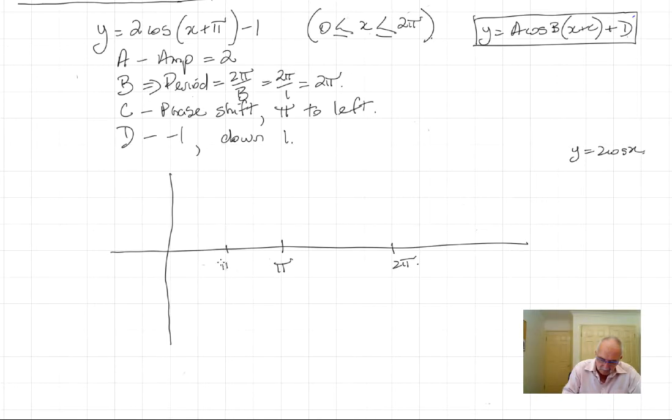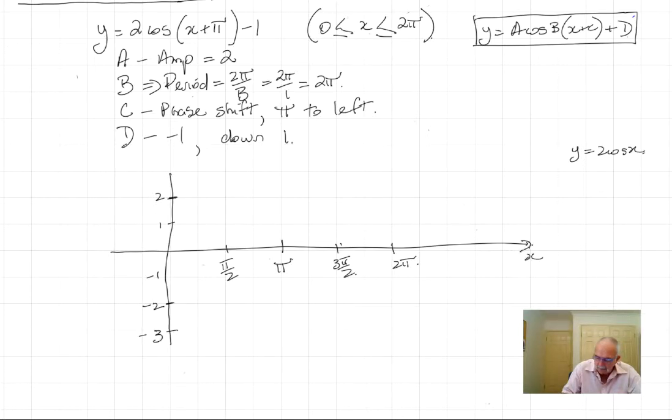And this will be pi over 2, and this will be 3 pi over 2. And we're going to go between +2 and -2. So there's 2. And so that's 1, 2, -1, -2. We're actually going to have to come down a bit, so we'll go down there to -3.